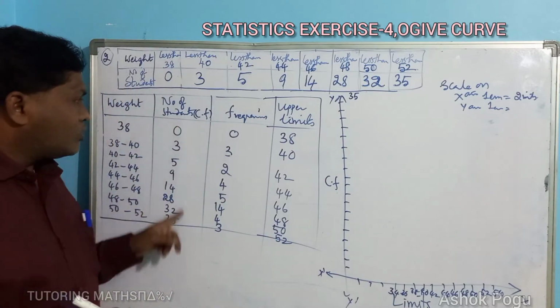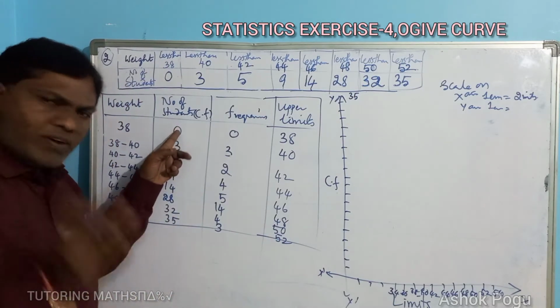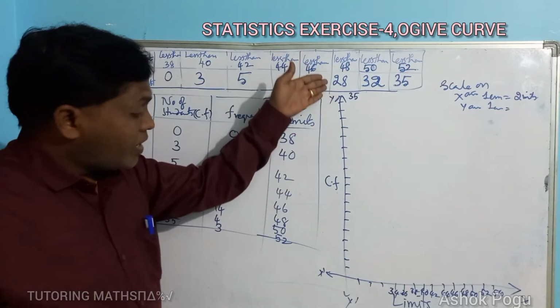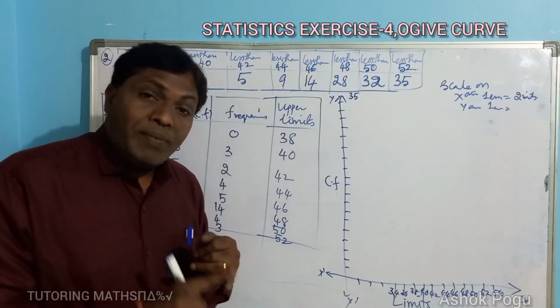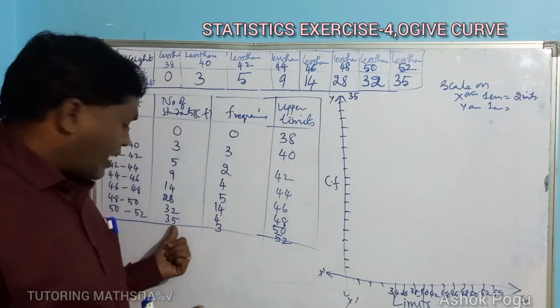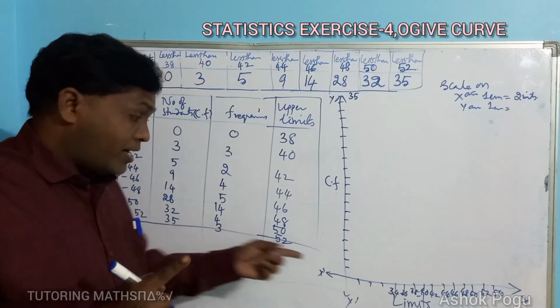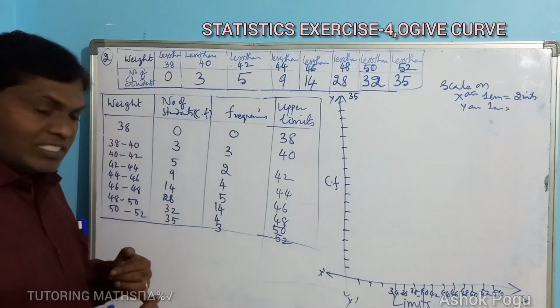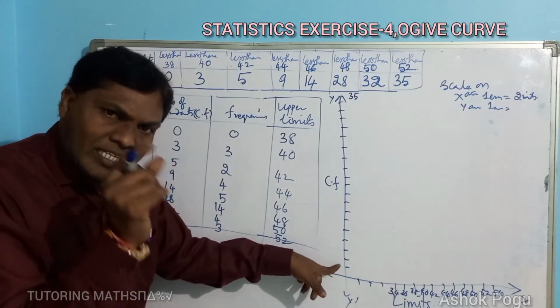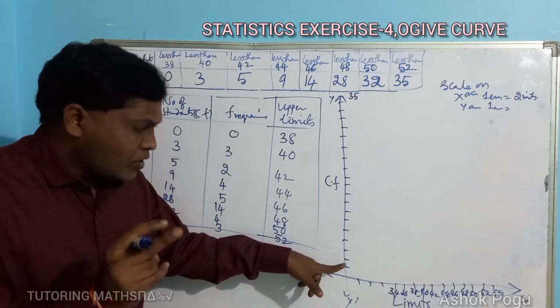See here, y-axis cumulative frequency, smallest value 0 and the highest value is 35. If you take 1 centimeter is equal to 2 units, to reach the highest value 35 we require 17 lines, 18 lines, 18 twos are 36, because each 1 centimeter is 2 units: 2, 4, 6, 8.